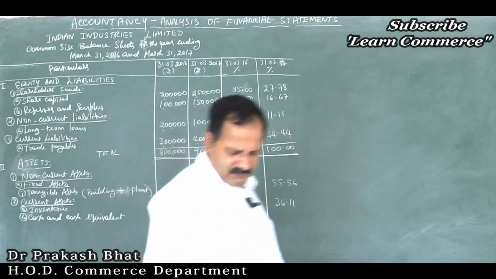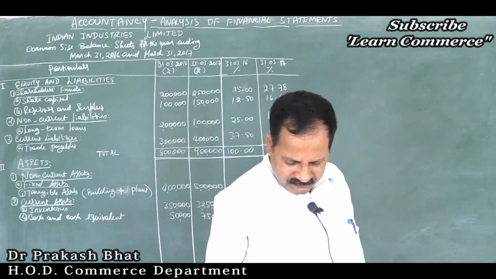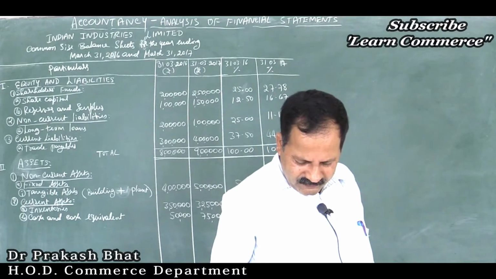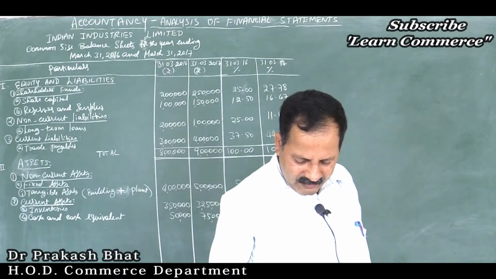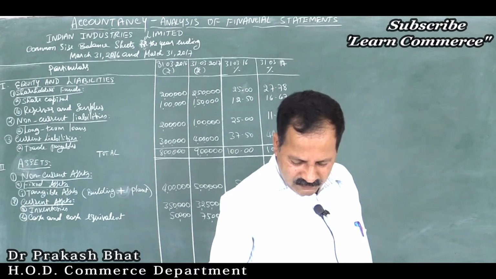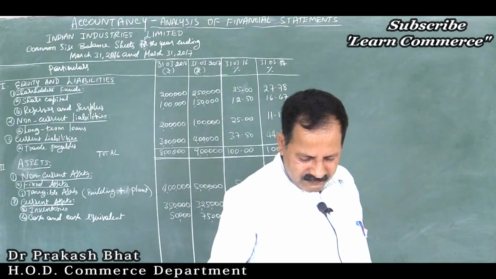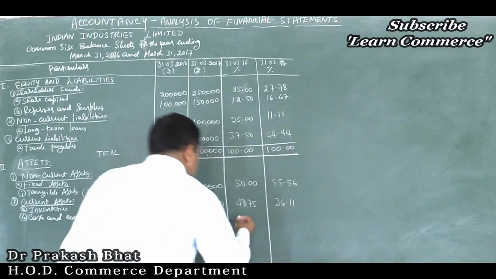Is that correct? I don't think so. 50,000 into 100 divided by 8 lakh. Yes, it is 6.25, correct.